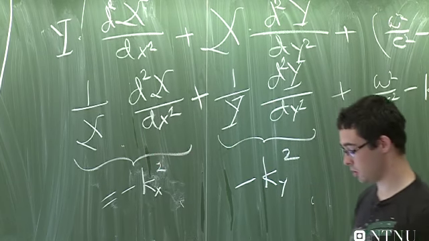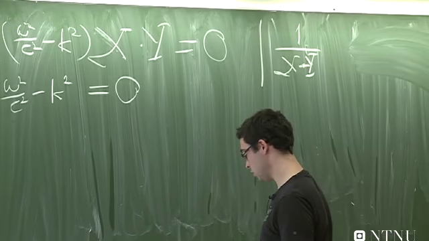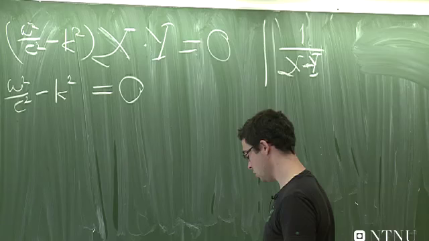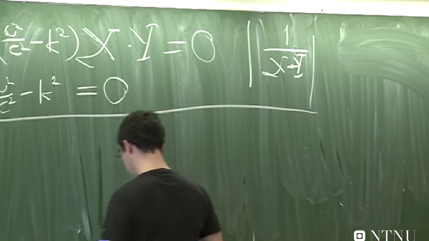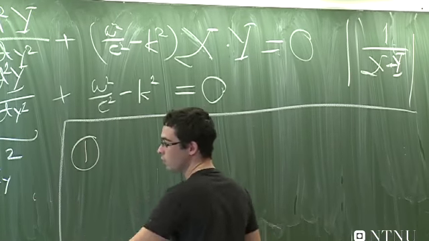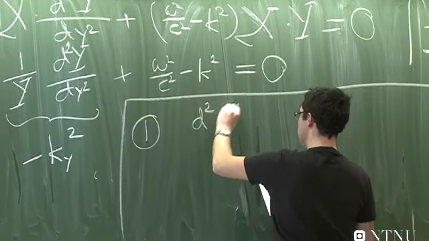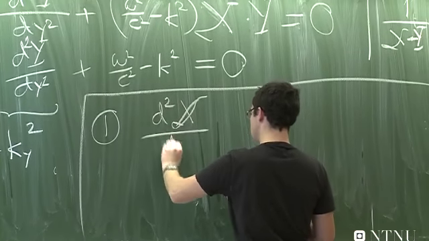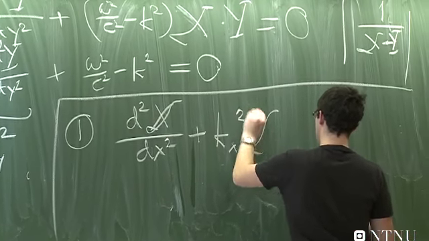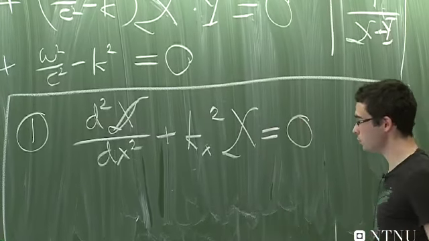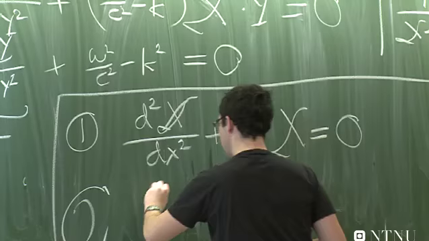So now we have three equations, and they look like the following. One equation for this term here, d square X over dx square plus kx square X equal to 0. So it's a simple oscillator equation. Same for y, essentially.